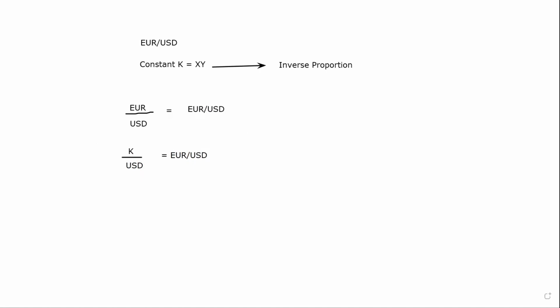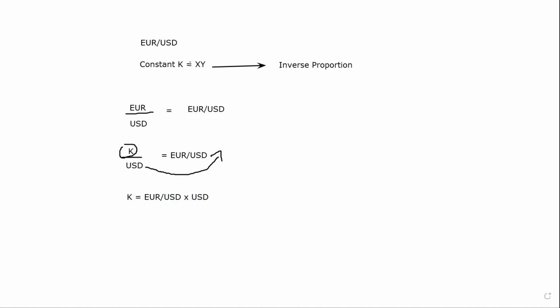Now we have to leave this. Now we have to make K the subject. How to make K the subject? We're gonna move US dollar from this denominator to here. So what will happen? K is equal to euro slash US dollar multiplied by USD.